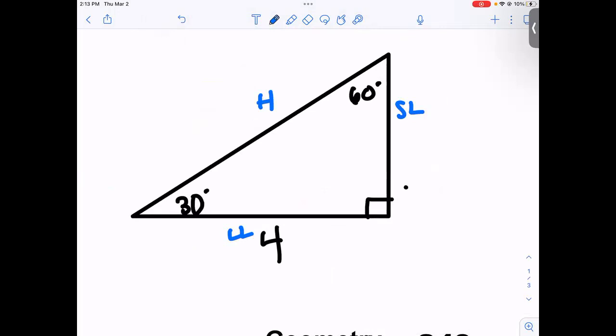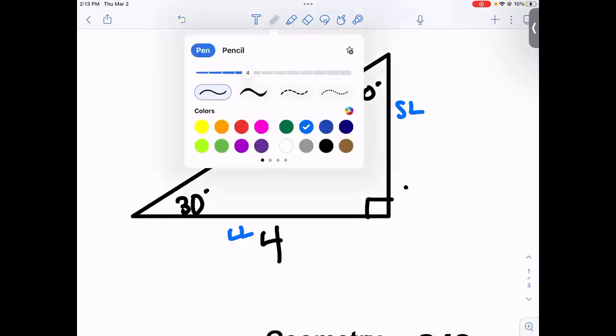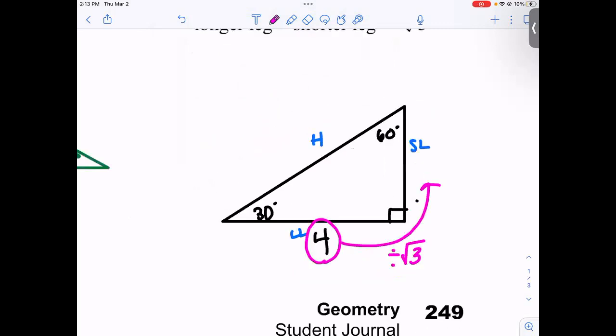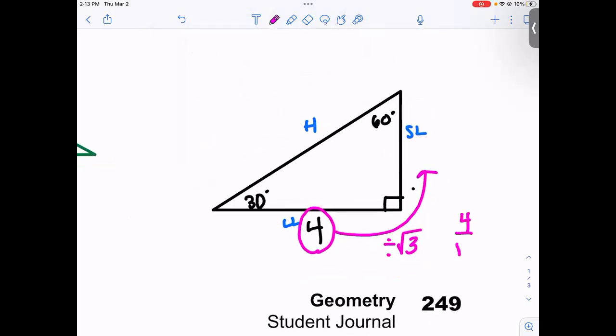If you do not have the short leg, you have to get there first. We need to divide by radical 3. So 4 divided by radical 3, you are right, we're gonna have to rationalize. So 4 radical 3 over 3 is our answer.